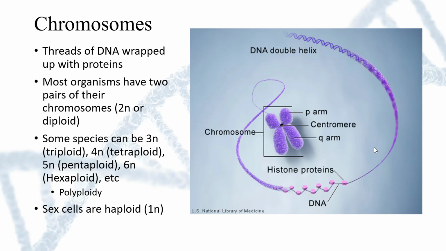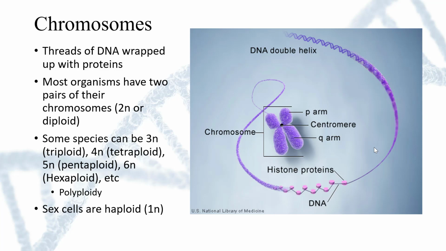And that's true of most organisms, although some species, particularly some plant species, can be triploid or tetraploid, so they can have 3 copies, 4 copies, 5 copies, 6, or more. I think some ferns can have up to like 200 copies, which is just crazy. And we refer to that, if you have more than 2 copies, as polyploidy. Right? And another important thing is that your organism's sex cells are haploid, right?